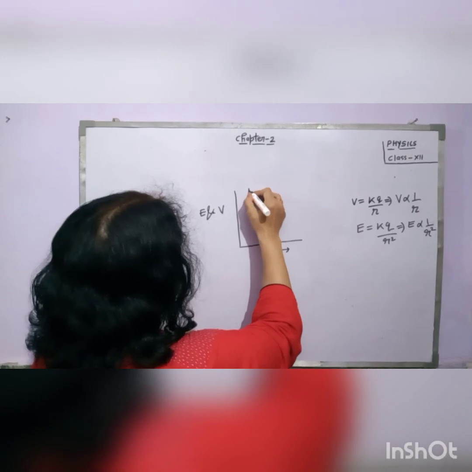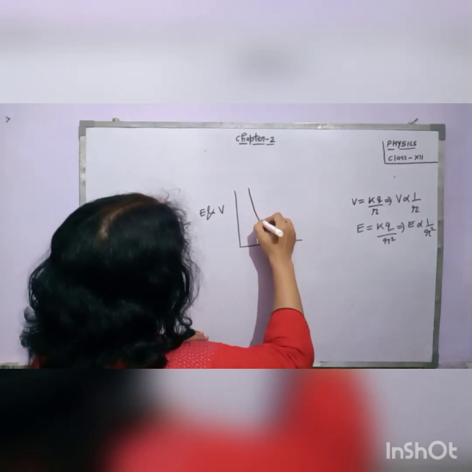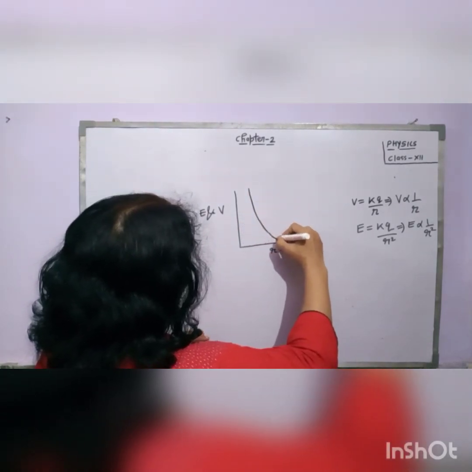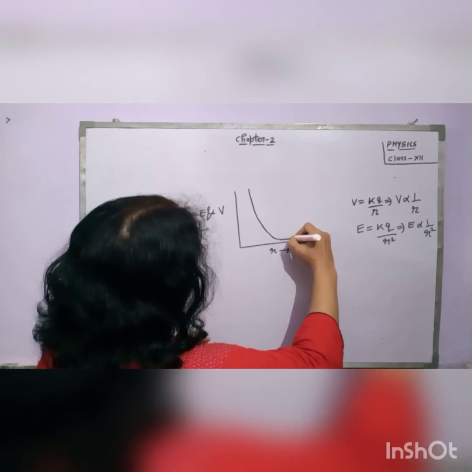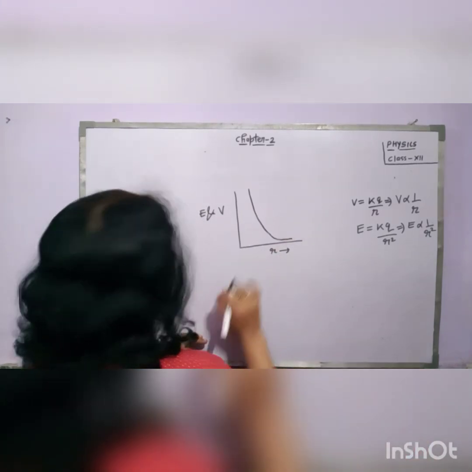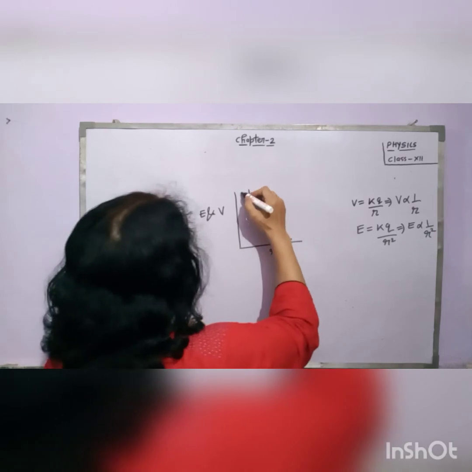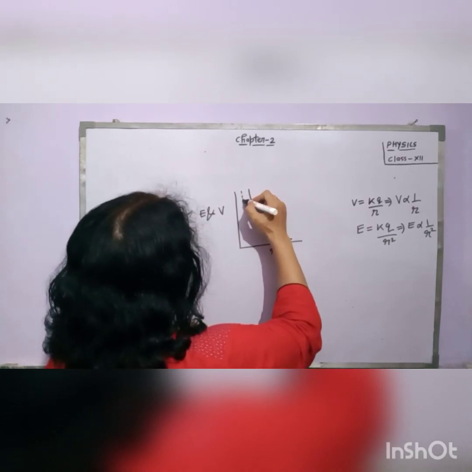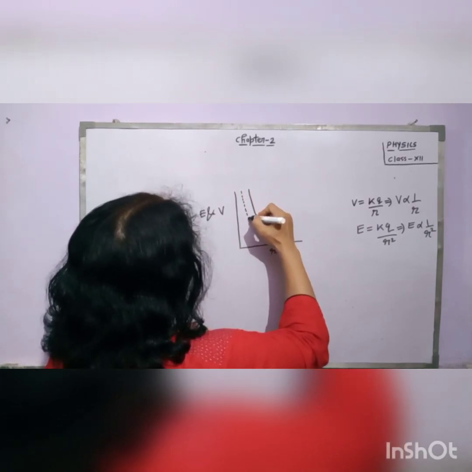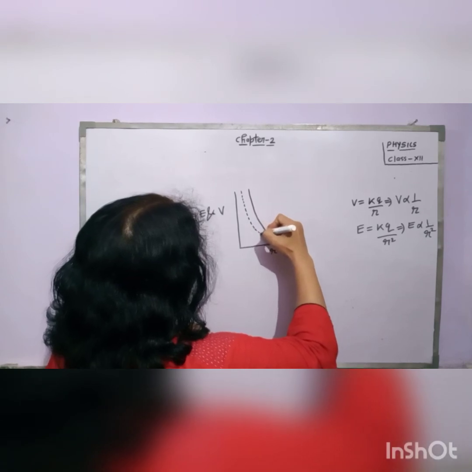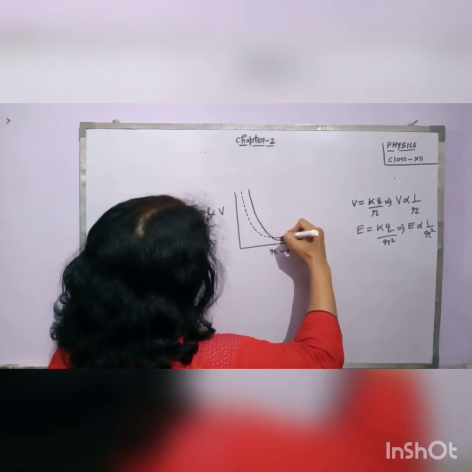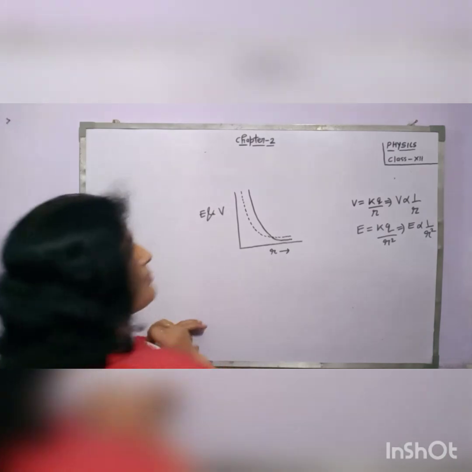This is your electric field, suppose, which is proportional to 1 upon r square, and this is your electric potential, which is represented by the dotted line. This is the difference between these two.